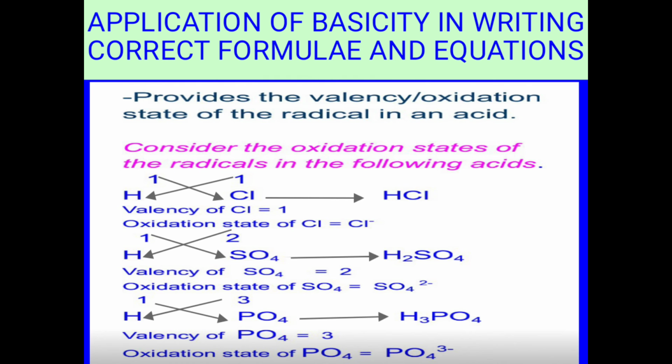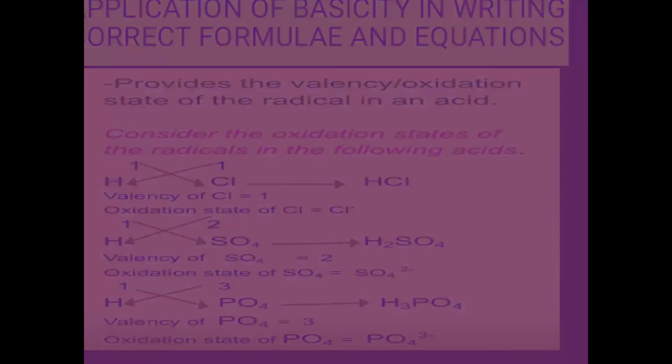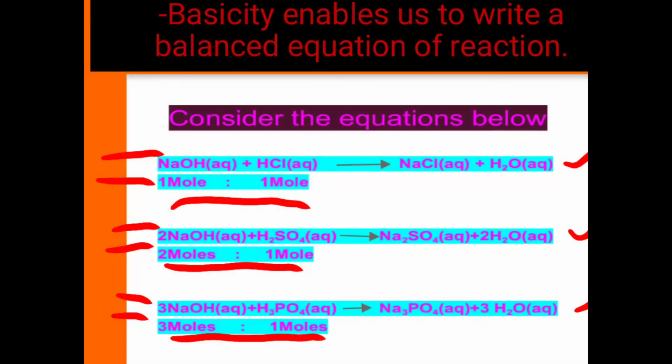Are you seeing how they are matching? Okay, let's go back to our questions. The same is applied here. We are seeing sodium chloride, the valency of chloride has been passed to the sodium. You are seeing sodium sulfate, the valency of the sulfate is passed on to the sodium. That of phosphate is passed on to the sodium. Now let us look at a general equation to summarize all this we have been looking at.